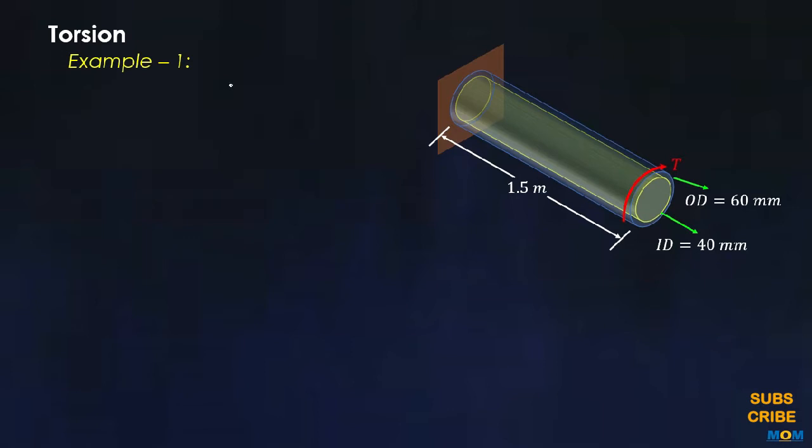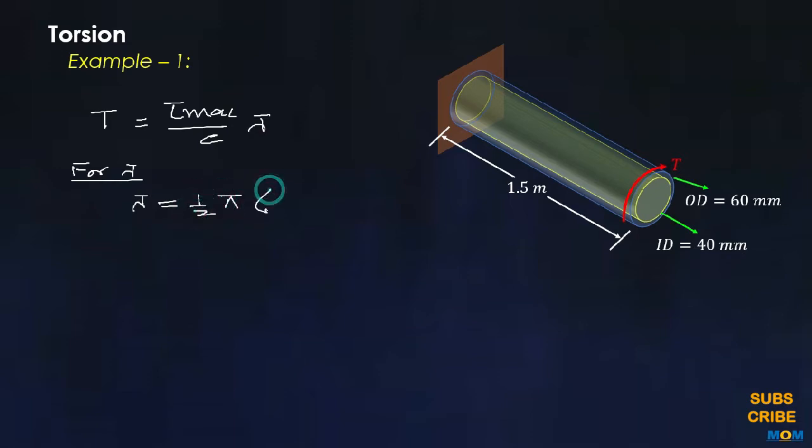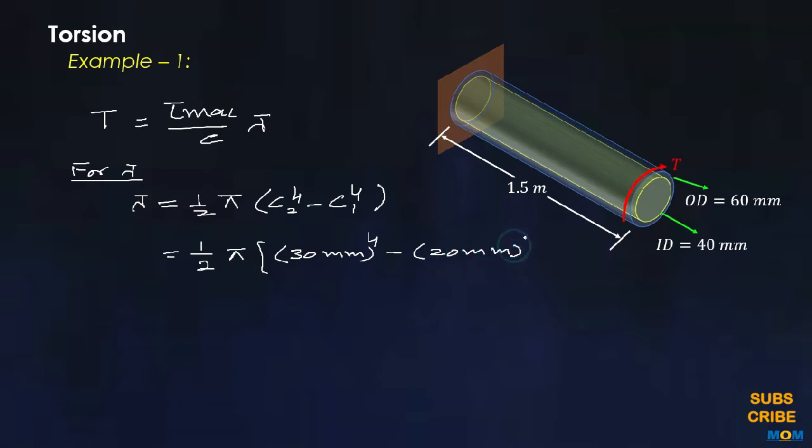Now to solve this problem, consider the torsion expression as T is equal to tau max upon C, J, where for J, for the case of hollow shaft, that is half pi into C2 raised power 4 minus C1 raised power 4, and we have the values: half pi into 30 millimeter raised power 4 minus 20 millimeter raised power 4.